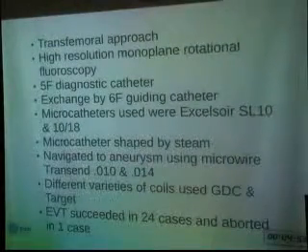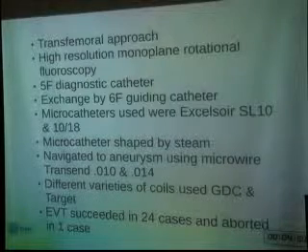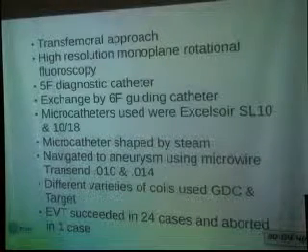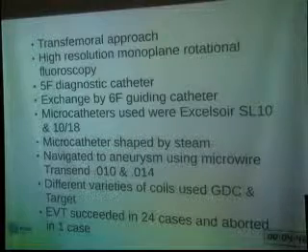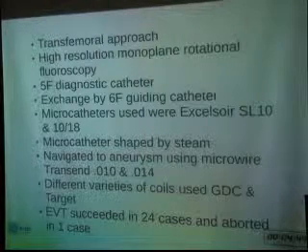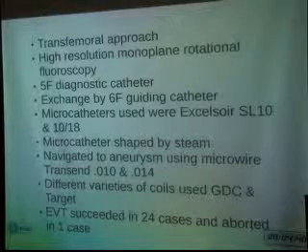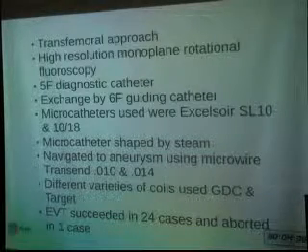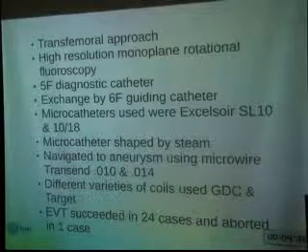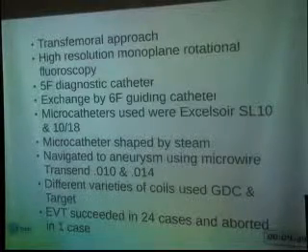We used the standard transfemoral approach with high resolution monoplane rotational fluoroscopy. We used a 5 French diagnostic catheter, and then exchanged it for a 6 French guiding catheter. Then we used the microcatheter, which was Excelsior SL10 and A10-18.